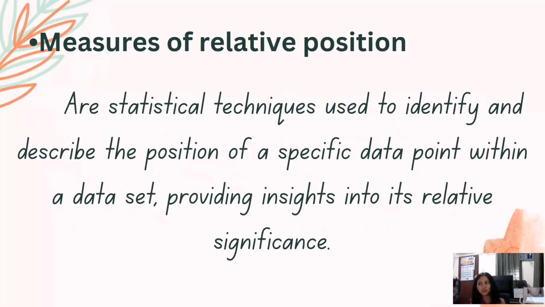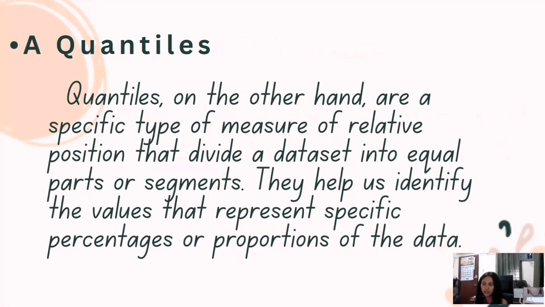So, what is measures of relative position? Measures of relative position are statistical techniques used to identify and describe the position of a specific data point within a dataset, providing insights into its relative significance.